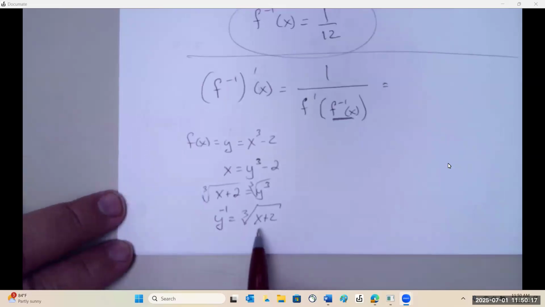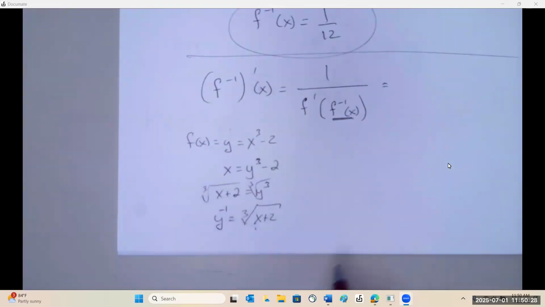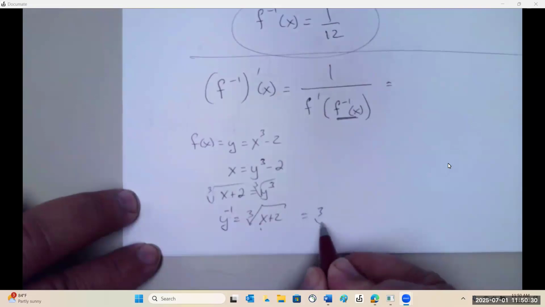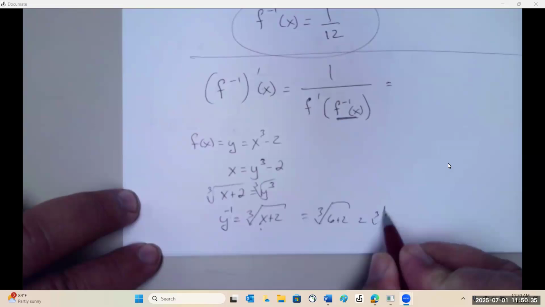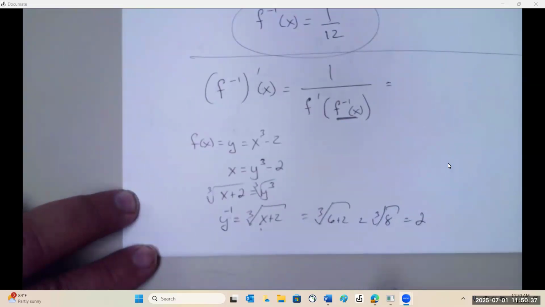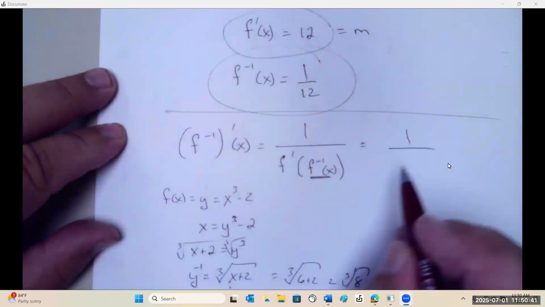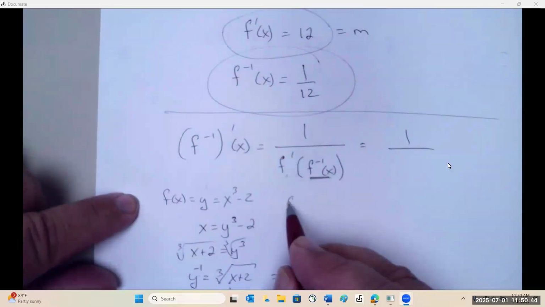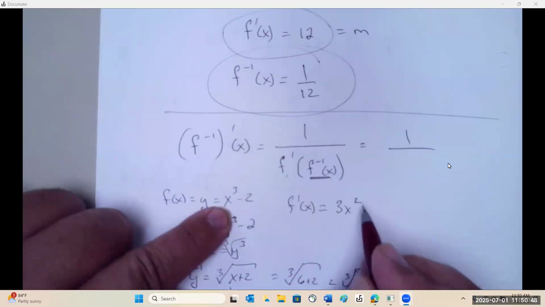What x value do we put in here? 6. Because this is the inverse, so we put x equals 6, which is the y value of our original one. So we have the cube root of 6 plus 2 equals 2. So that means, and we also have to find the derivative. The derivative of our original function is 3x squared.